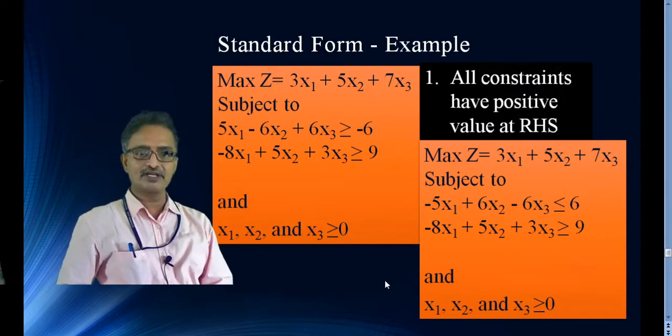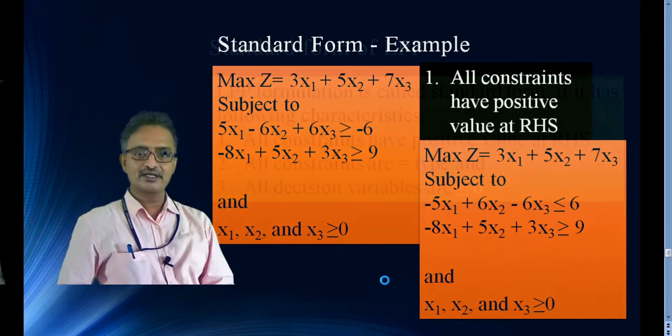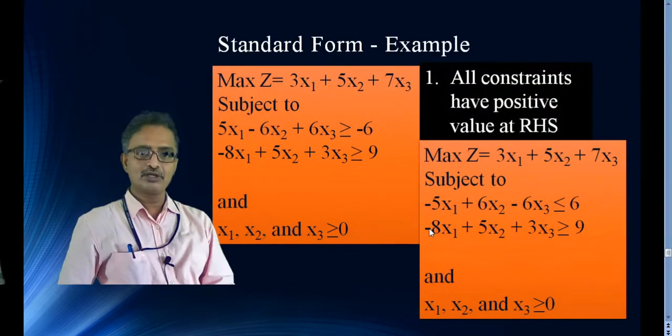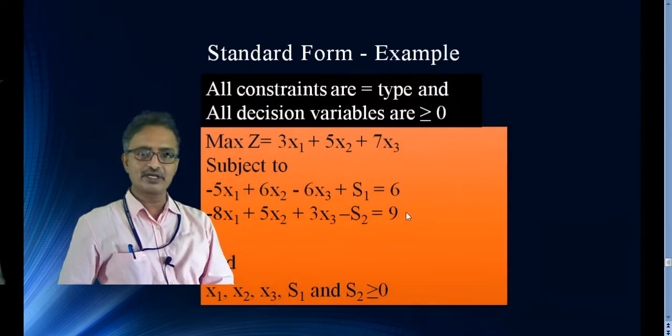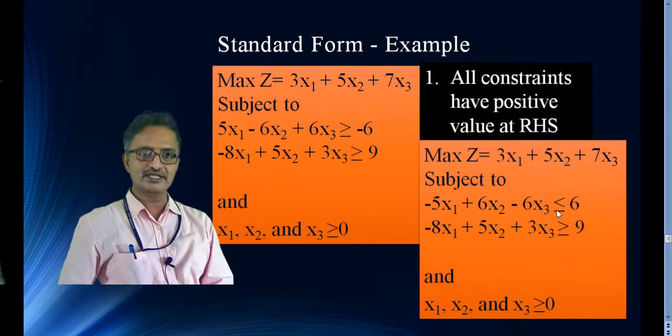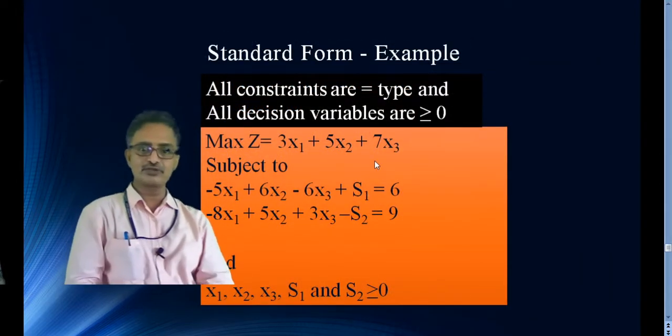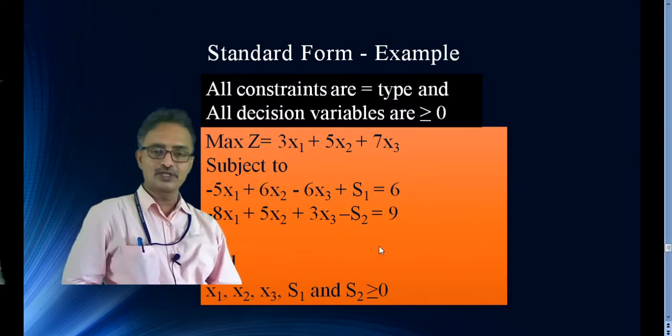Now after doing this, the second step is that we need to convert the constraints into equality type. The first constraint is lesser, so it is added by a slack variable, and the second is subtracted by a surplus quantity. So we introduce S1 and S2 in the order of the equations.